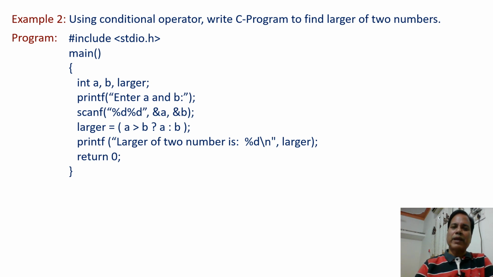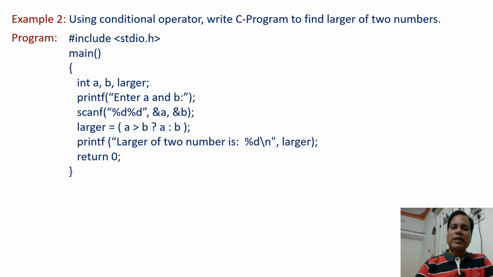Then scanf is used to get the data entered by the user in the program. As we have to get integer data, %d is written in the quotation marks, and after a comma ampersand a comma ampersand b.